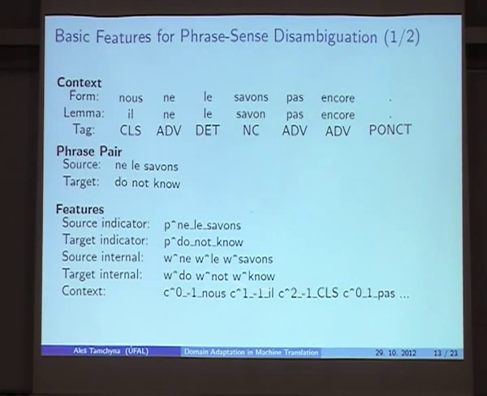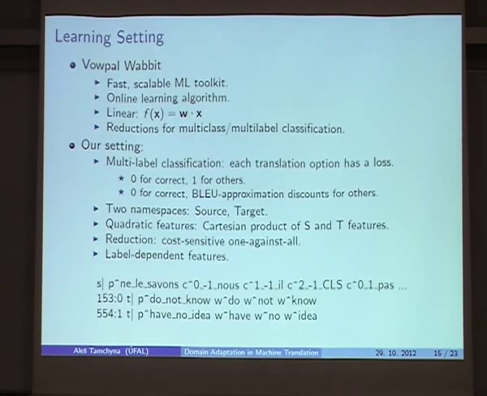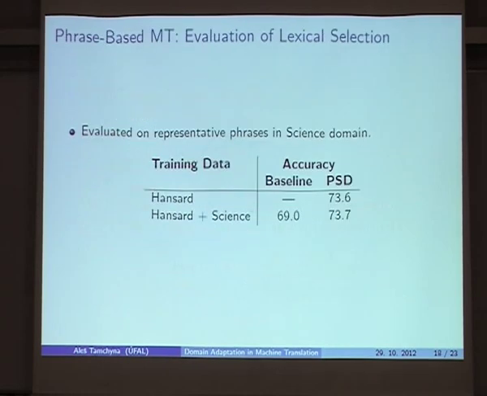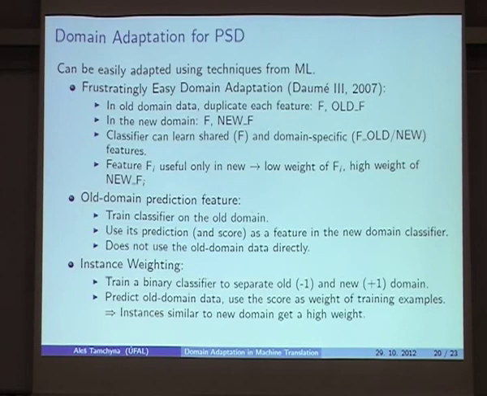This generates a large number of features. Same with the score features, because these are buckets. Each score will generate a number of these features. So maybe the classifier just can't pick up the important features. But we're still experimenting with it, and hopefully we'll get somewhere.